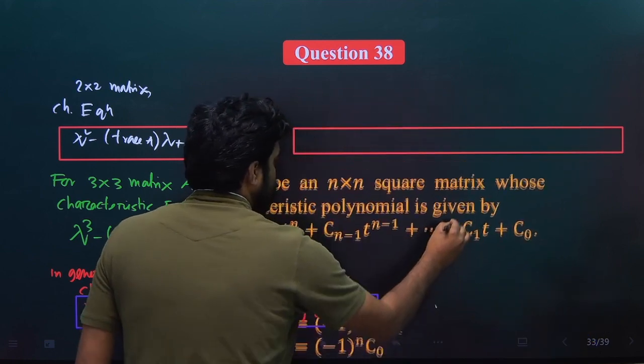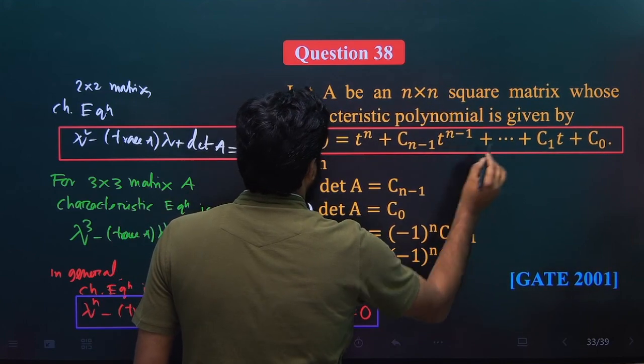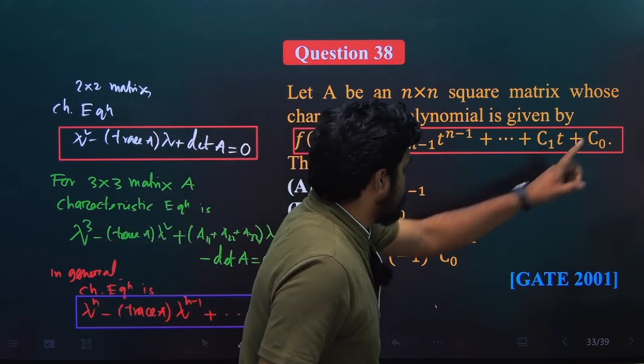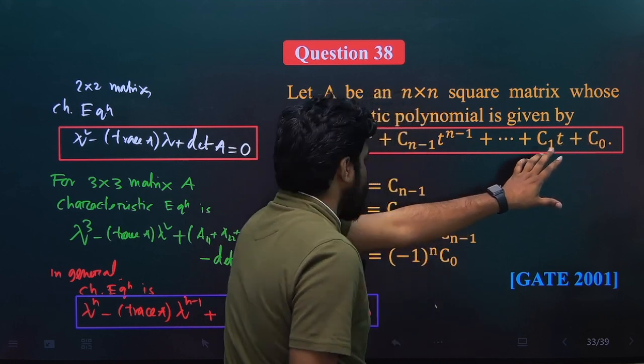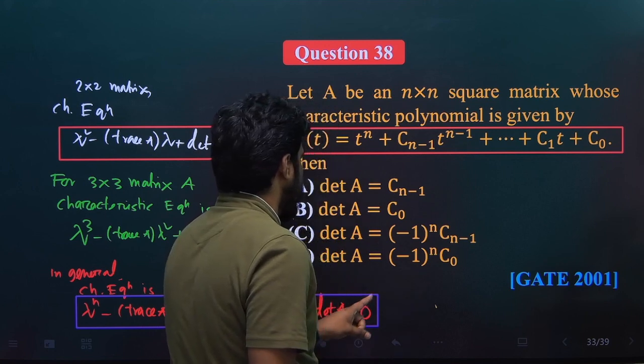If we compare this, what do we get? C0 is the last term, the constant term.